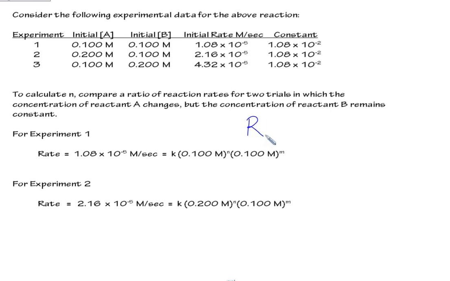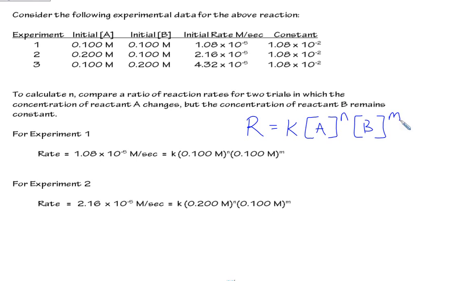The rate law, R equals k, the constant, times the concentration of A raised to some power, times the concentration of B raised to some power. n and m are called reaction orders. And again, they reflect how changing the concentration of that particular reactant affects the rate.